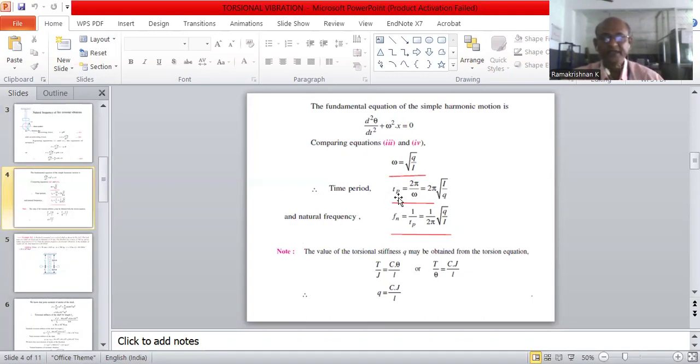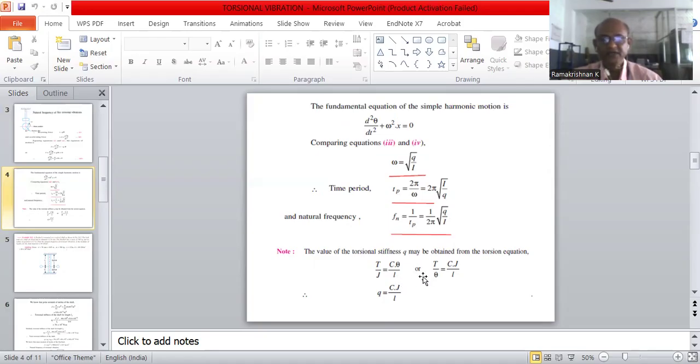Then the time period Tp equals 2 pi by omega. Again, natural frequency is the inverse of the time period, that is 1 by Tp. So f equals 1 by 2 pi into square root of Q by I. This is the formula for the natural frequency of the free torsional vibration.